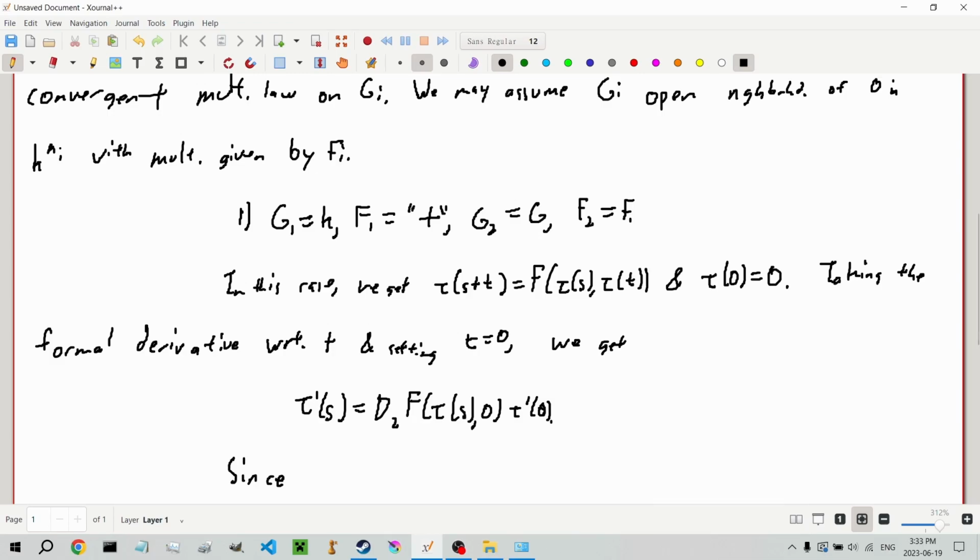Since d2 of F of taf 0, 0 is of course going to be d2 of F at 0, 0, which is going to just be the identity in k to the n.